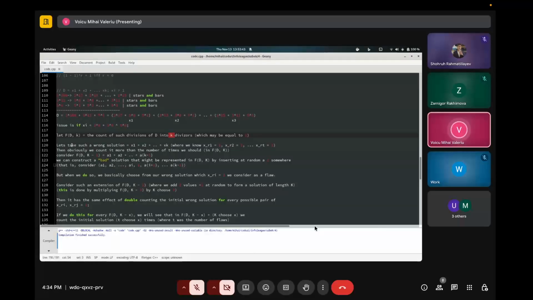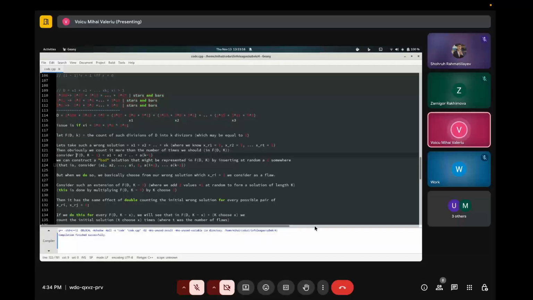And let's take a wrong solution that we consider, where we know that some indexes are equal to 1, and there are a total of t such indexes. Then obviously we count it more times than we should in fd of k. That is, we count it exactly 1 time. We won't count it more than 2 times because this is a perfect bijection.